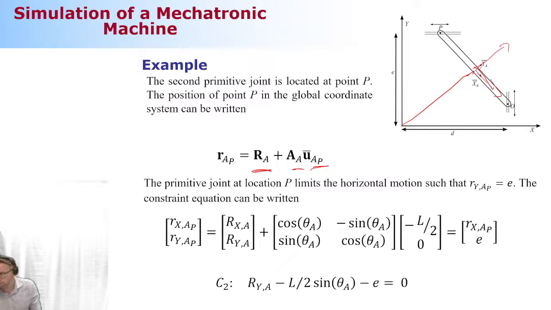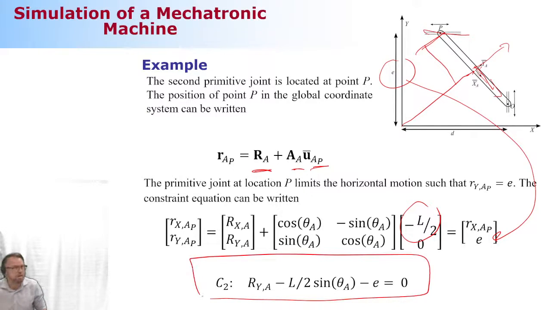How much do we need to travel in the x-axis direction? Minus L divided by 2, minus because we're moving in the minus direction. In this direction, 0. Again, this length here is defined as E. That's where it goes, and you do the math. That's your second constraint equation.